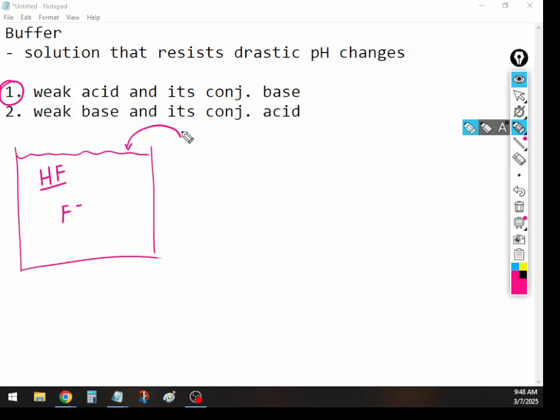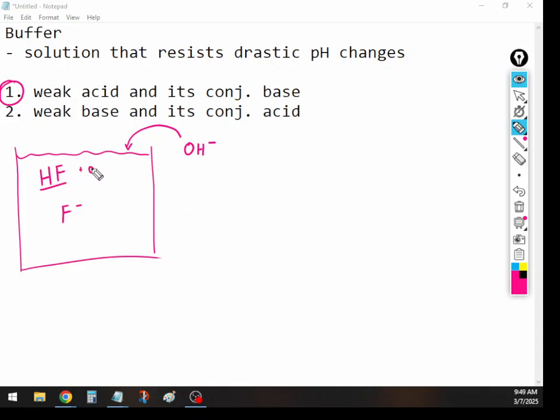All right, so that's if you add an acid. Let's say that we add a base. So we add OH minus. If we add OH minus, what do you think that it's going to react with? Yeah, HF.